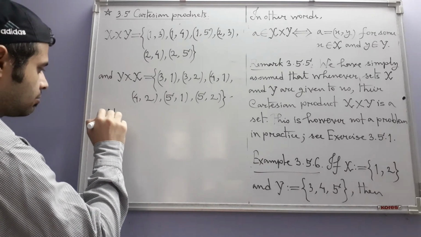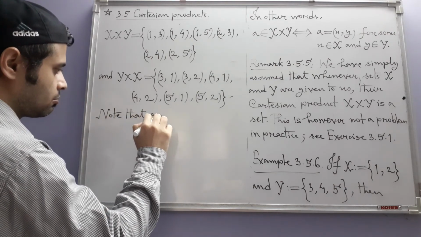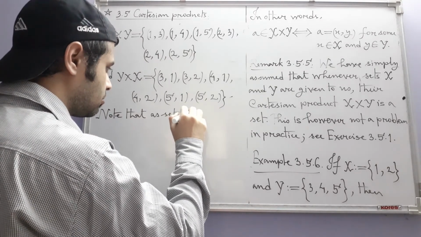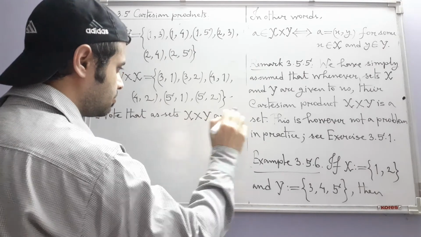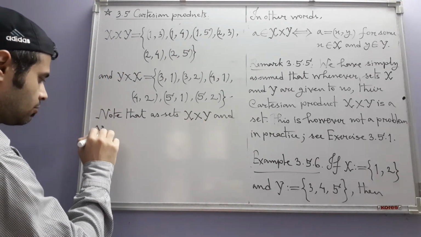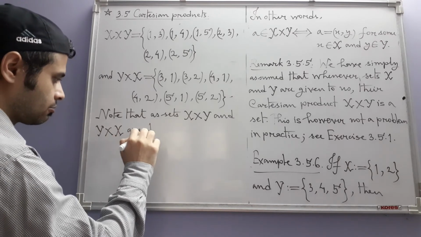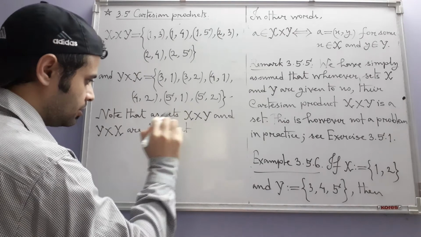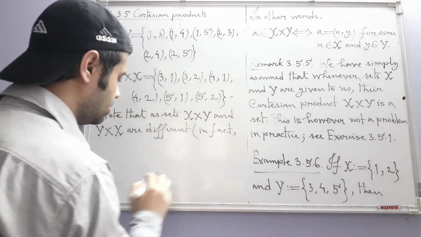Note that as sets, X cross Y and Y cross X are different, in fact disjoint.